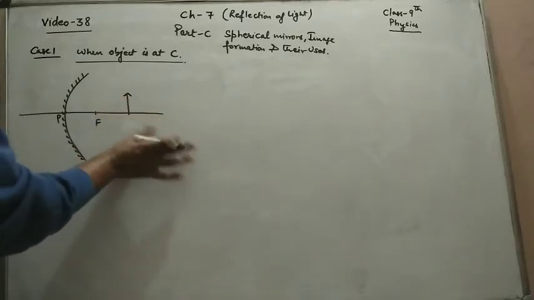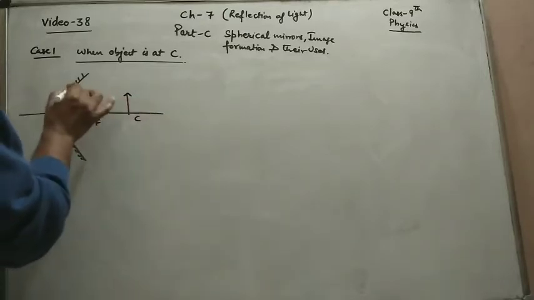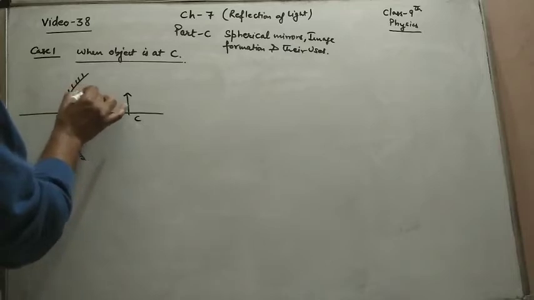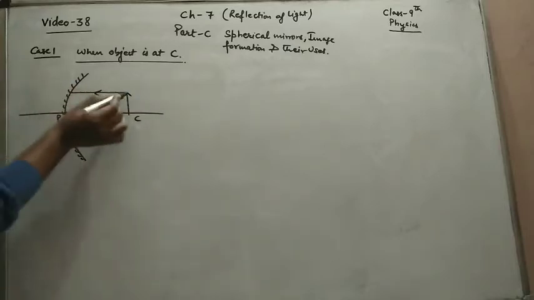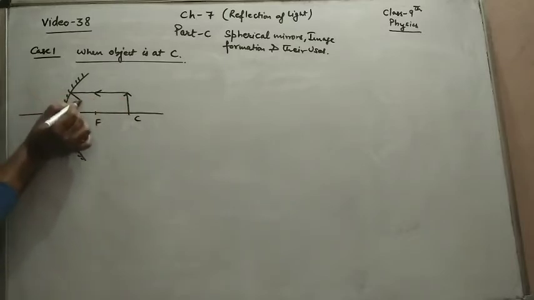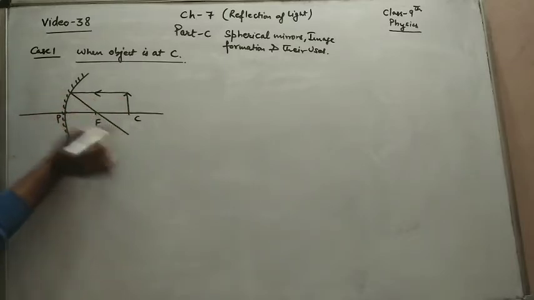When the object is at center of curvature, we will try to find the ray which is passing parallel to principal axis, it will pass through focus in this way.